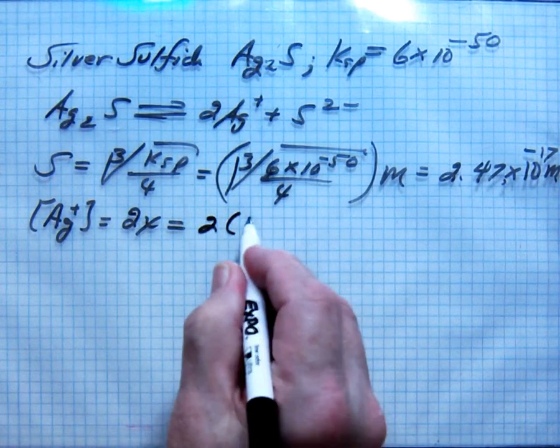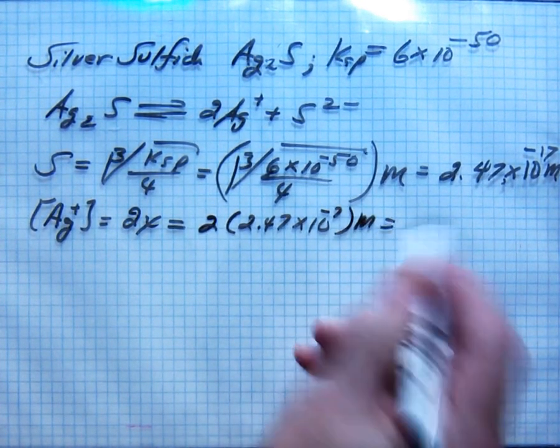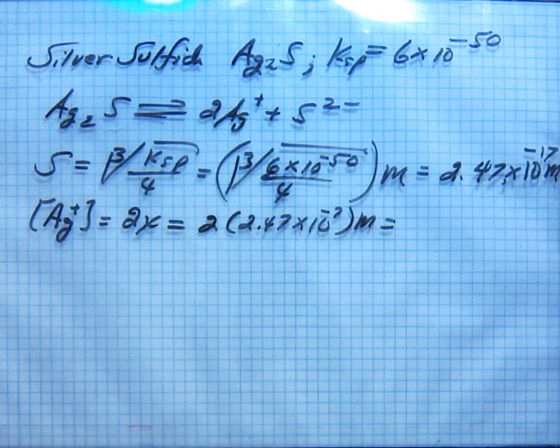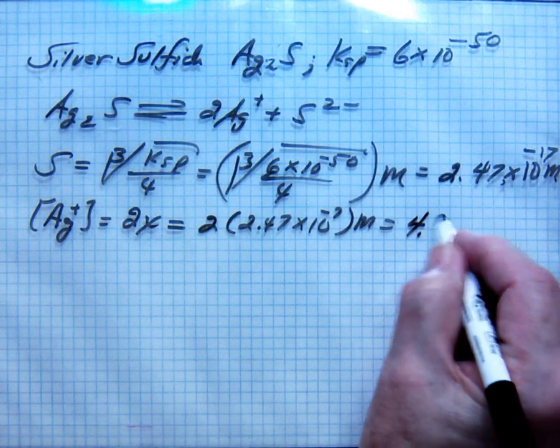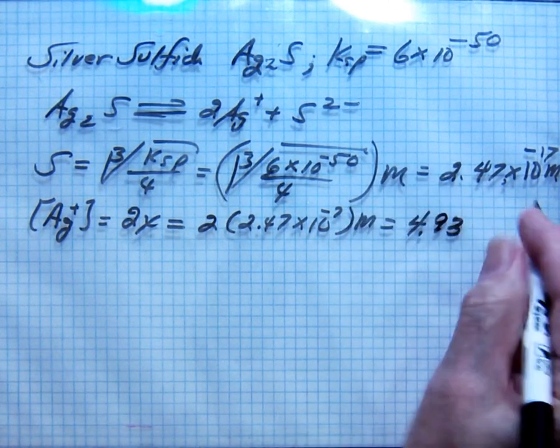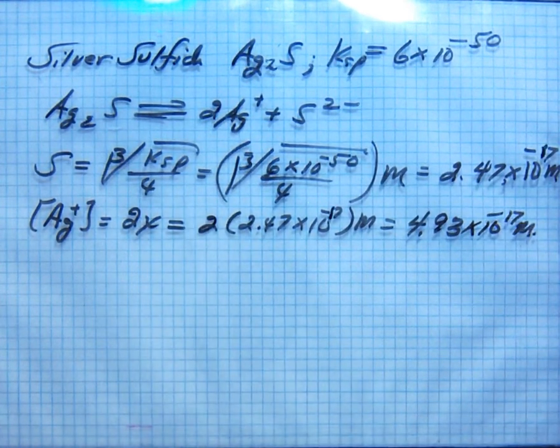So that's 2 times 2.47 times 10 to the minus 17, which is 4.9 times 10 to the minus 17 molar. So it's just a matter of learning the formulas and applying the data given to the various formulas.